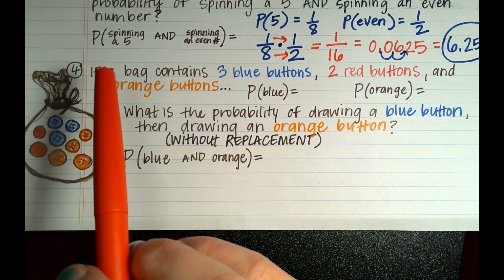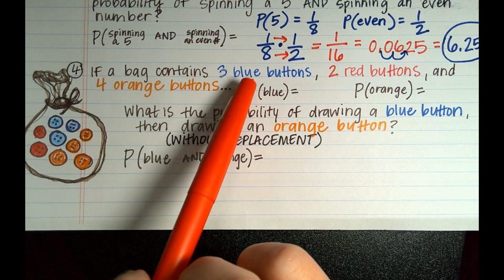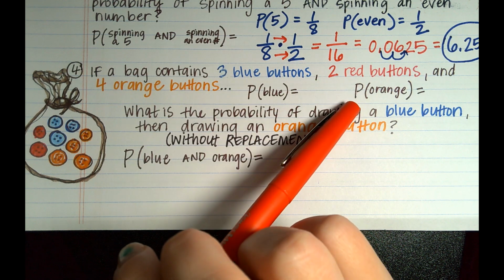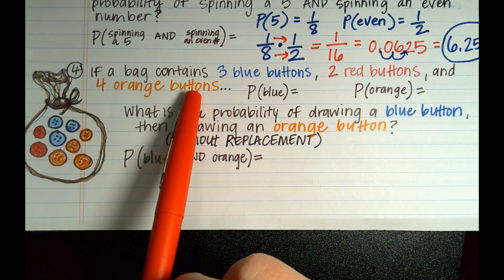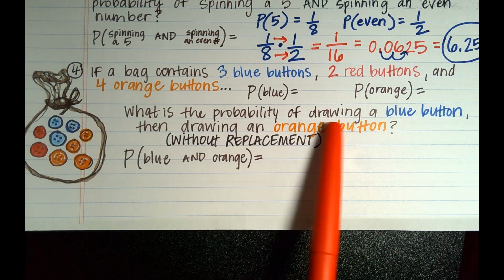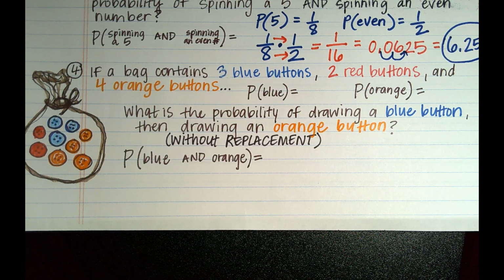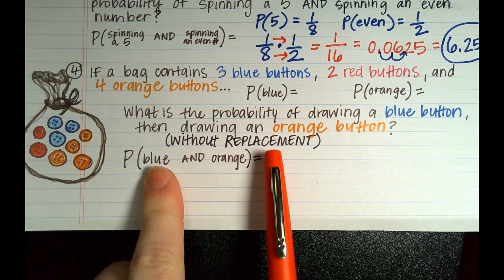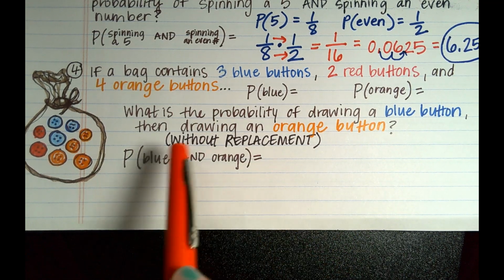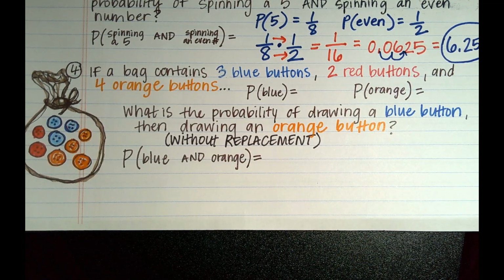And it says if a bag contains 3 blue buttons, 2 red buttons, and 4 orange buttons, what is the probability of drawing a blue button and then drawing an orange button without replacement? So what do I mean by without replacement? Yes, I'm not putting the button back in the bag once I draw one out.